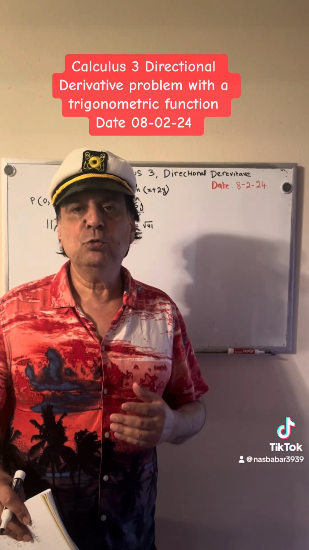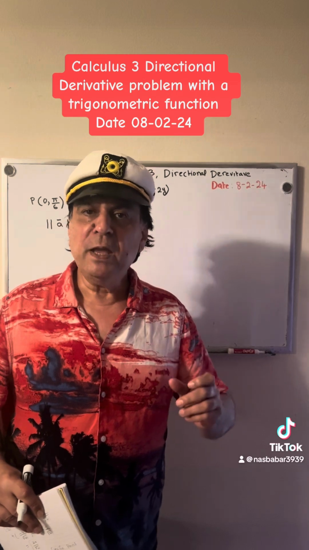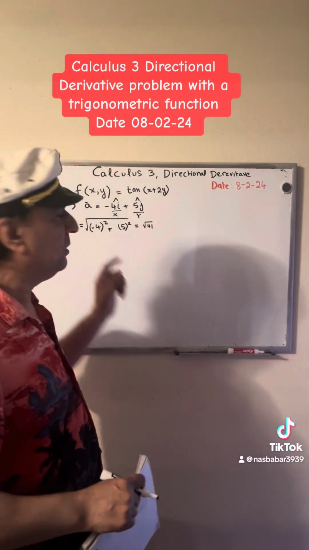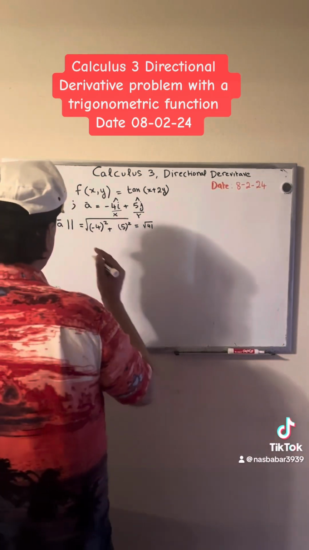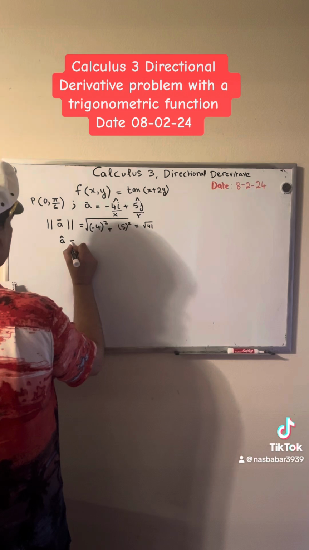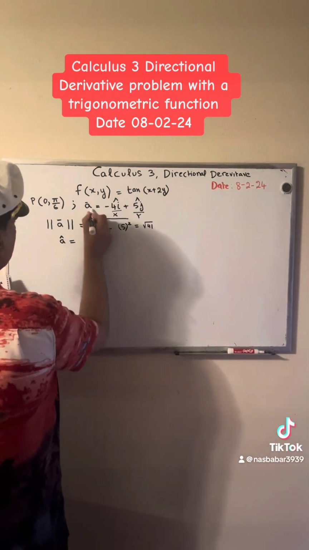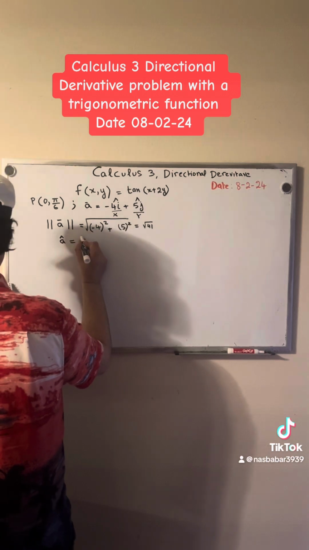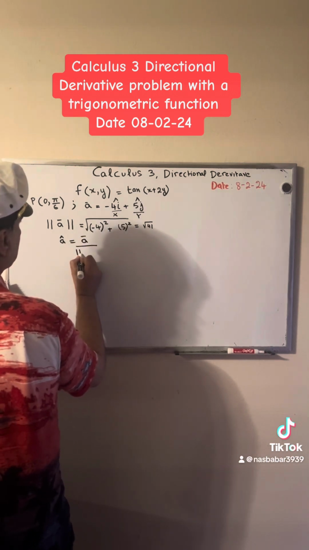We have to do some manipulation. We have to do some math to make this vector a unit vector. Let's see how. We take the vector which is given right here, and we divide it by the length of the vector.